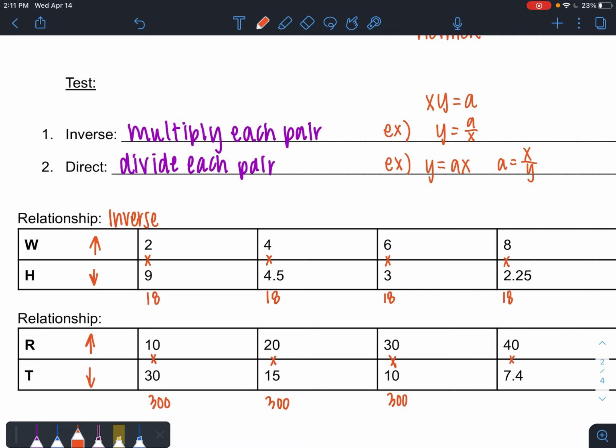And then 40 times 7.4 is 296. So that one right there is in the red zone. That does not work. So this is actually going to be neither relationship.